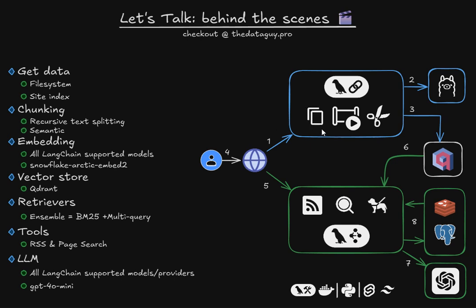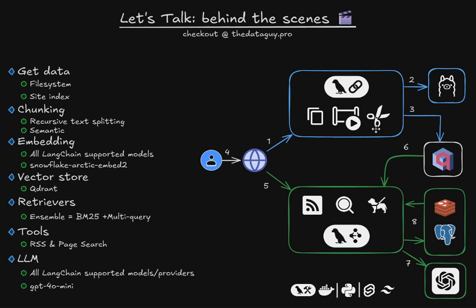Once we have the contents, then we have a pipeline which extracts the metadata such as the title of the page or the blog post, published date, and the number of characters, that sort of things. And it has the ability to store those metadata into a CSV file as well.